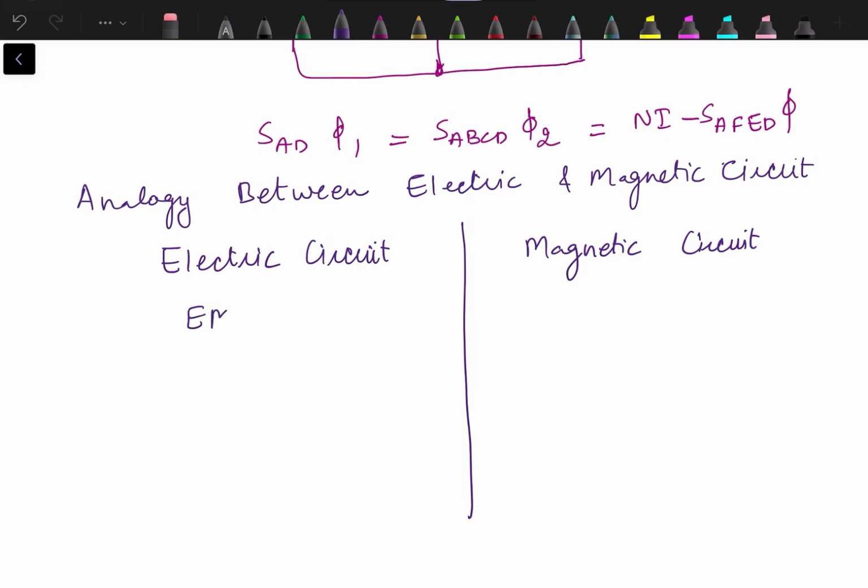So we can say here we have EMF. EMF is analogous to MMF, or MMF is analogous to EMF. So this is a driving force. Then the response in case of electrical circuit is current, while in case of magnetic circuits the response is flux.